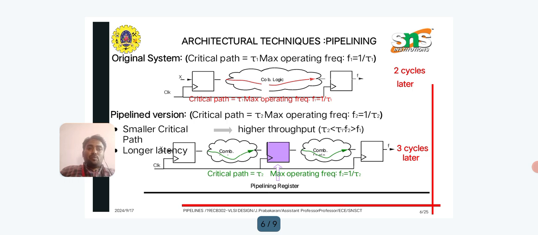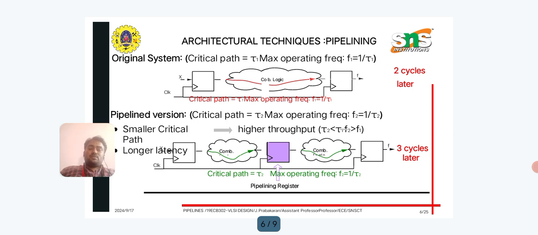The critical path is the time it takes for the longest sequence of operations to complete. Maximum operating frequency, f1 equals 1 divided by tau 1. The maximum frequency at which the system can operate is inversely proportional to the critical path delay. A longer critical path means a lower maximum operating frequency.